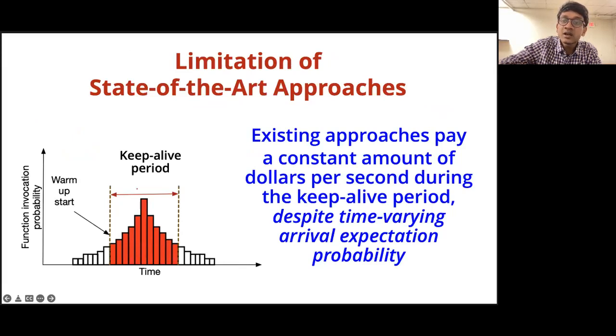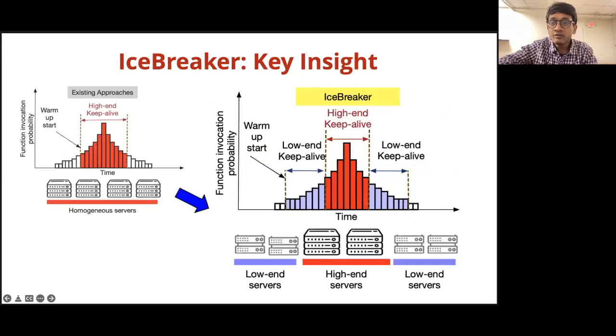But the state of the art and the state of the practice techniques like serverless in the wild from ATC 2020 keep functions warm for a specific period of time, incurring a constant amount of dollars per second during the keep alive period. However, if functions have different invocation probability, why should the keep alive cost remain the same for all of them? This is the main question.